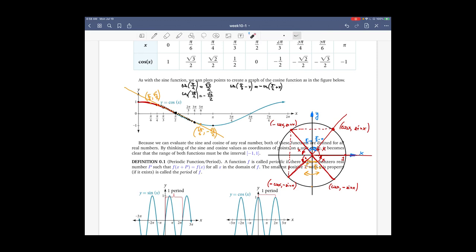What happens when we keep on increasing x into the third quadrant from the angle pi? Well, we again here have symmetry. This time symmetry is of a different kind, not about a point, but about the line, because if this angle is x, and this angle is x, of course these points share the same x-coordinate.